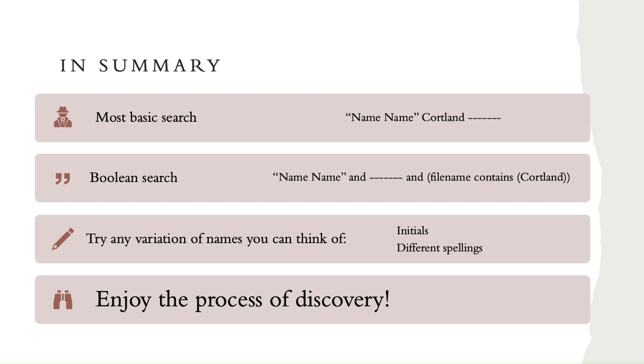So name and Cortland and file name contains Cortland is a good way to narrow down your results to only Cortland papers. Also, just remember to try to think of any variation of names that you can think of. Include initials, don't include initials. Think of different spellings, abbreviations. William could be abbreviated to WM, things like that.